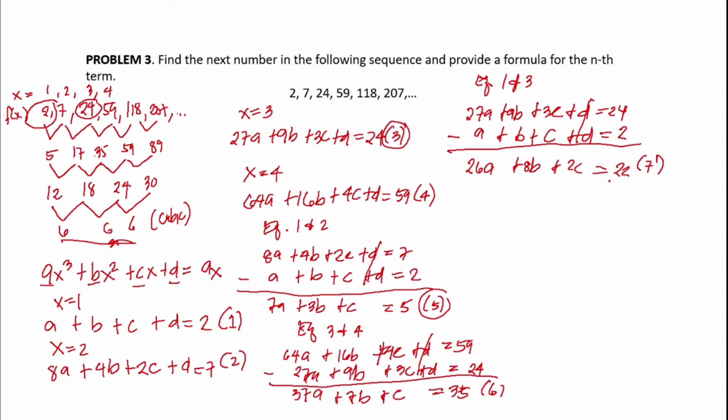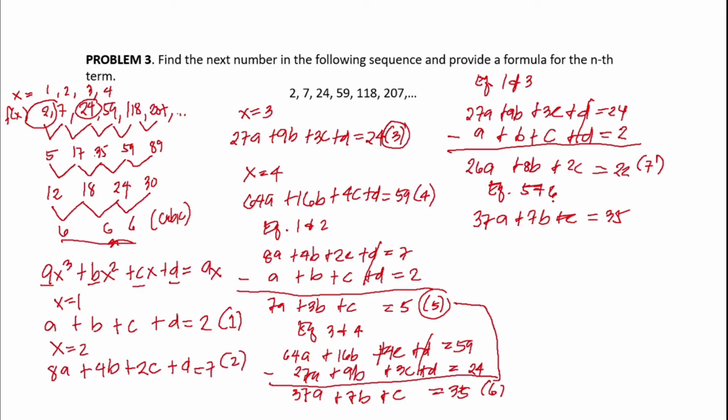Okay. So next, we have to find the next equation. So we combine 5 and 7 so that we could cancel out C and find A and B only in the equation. So let's try. So we have equation 6: 37A plus 7B plus C is equal to 35.